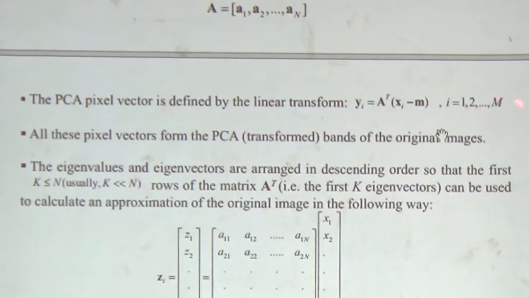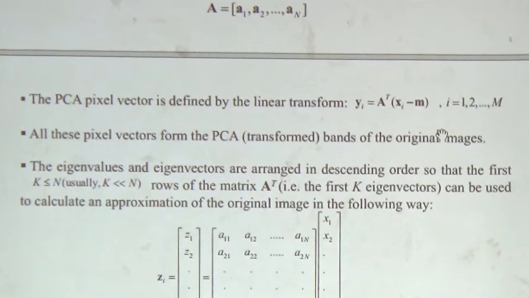So now this capital M is equal to rows into columns of that image which I showed you. So there are rows into columns into bands amount of data. Now you have got yi here. What is the speciality about yi which is not there in xi? So let us analyze.